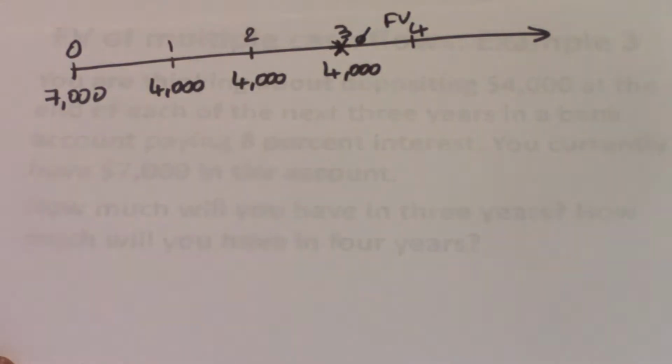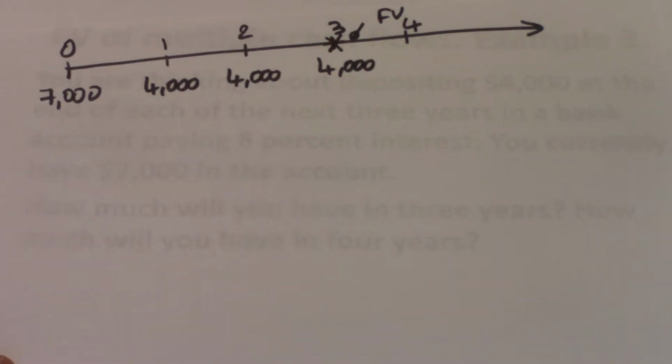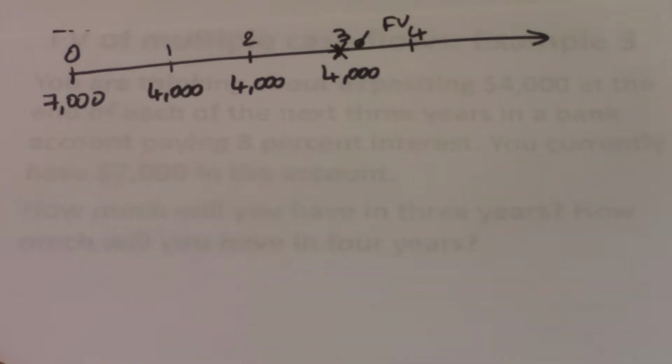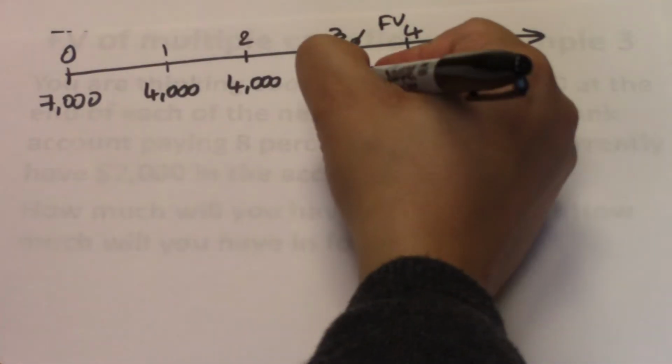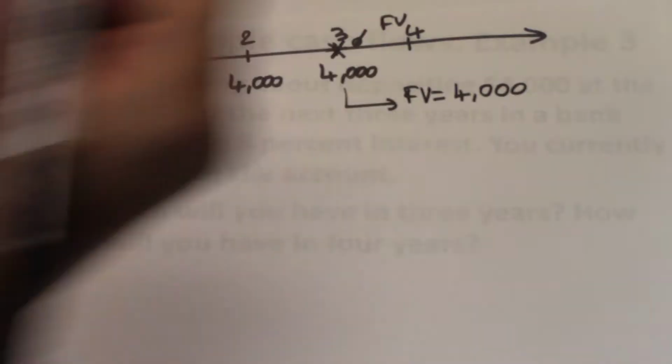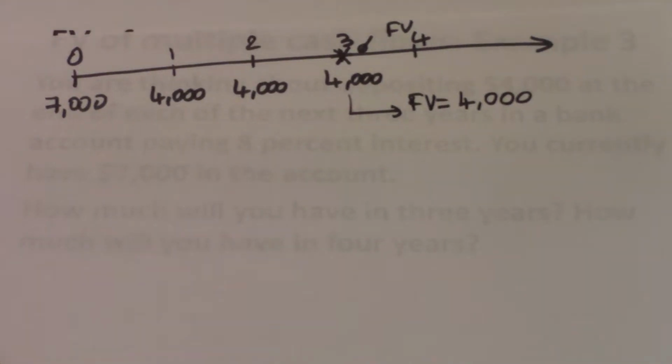This $4,000 was deposited at the end of year 3. We're trying to determine the future value at the end of year 3. That $4,000 had no time to grow, and so the future value for that amount is going to simply be 4,000. So here, future value equals 4,000 because it didn't have any time to grow.